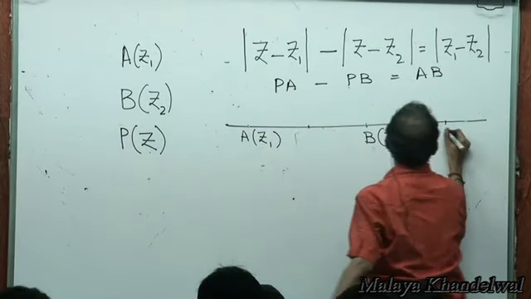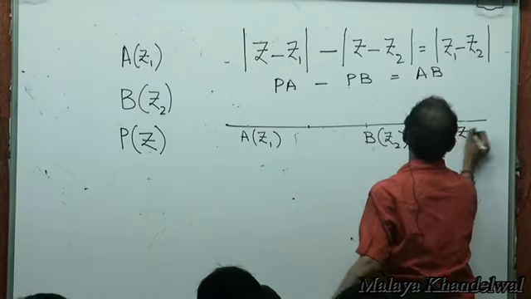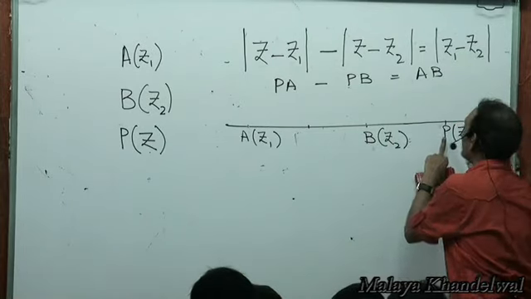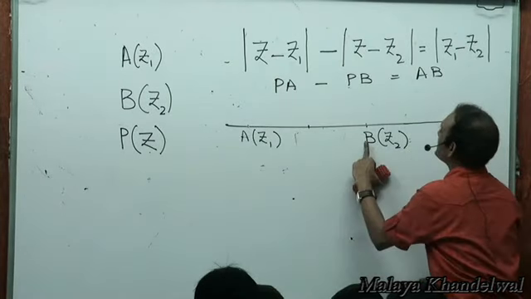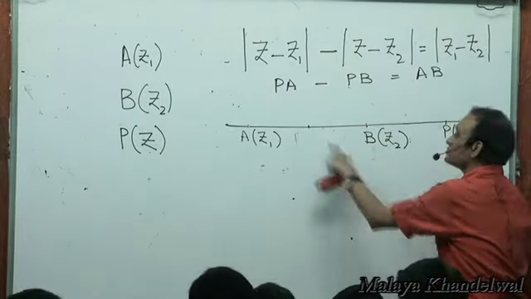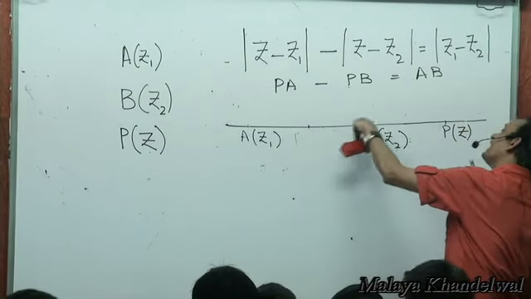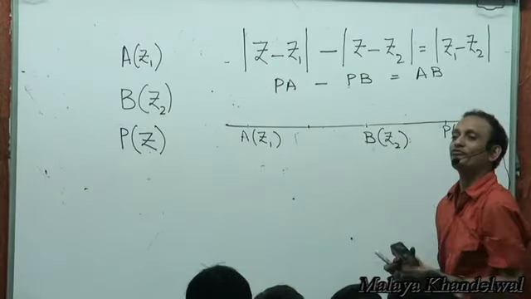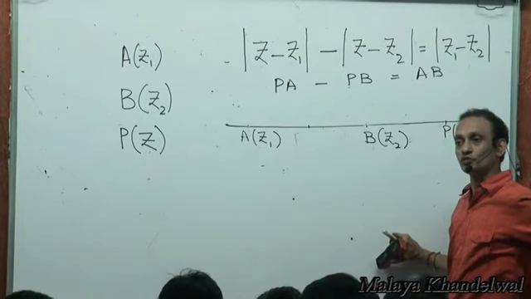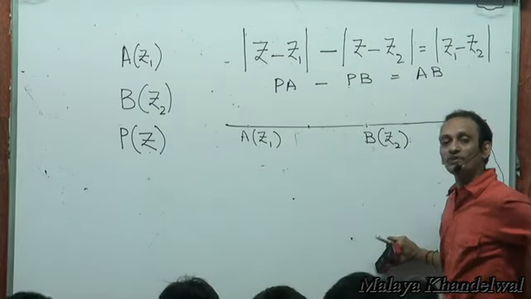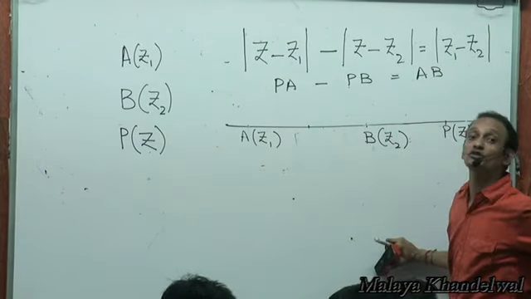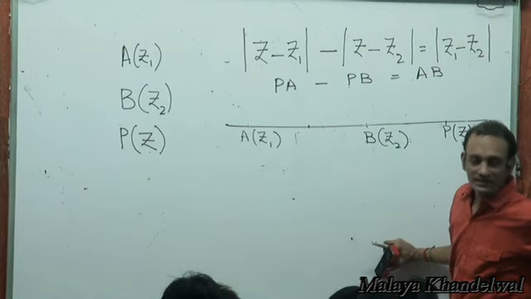Very clearly, P must then lie to the right of B. Then PA minus PB will turn out to be AB. So P will lie on the line joining A and B and to the right of B. So the locus of P is points to the right of B on the line joining A and B. Yes or no?